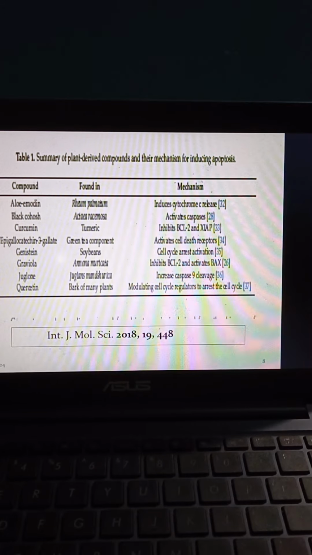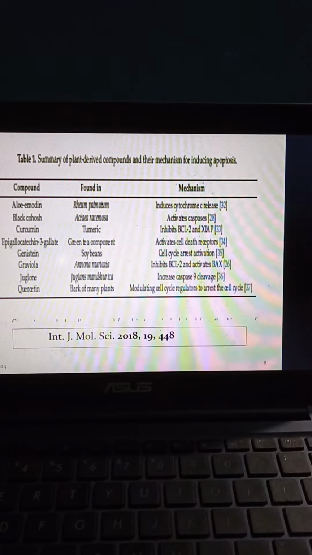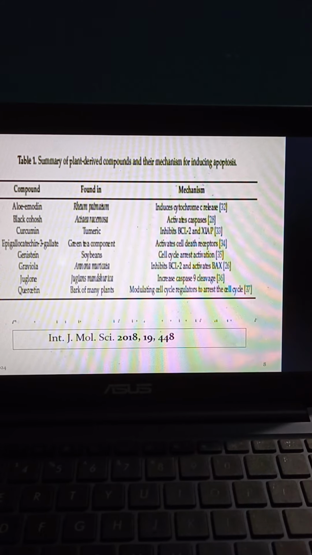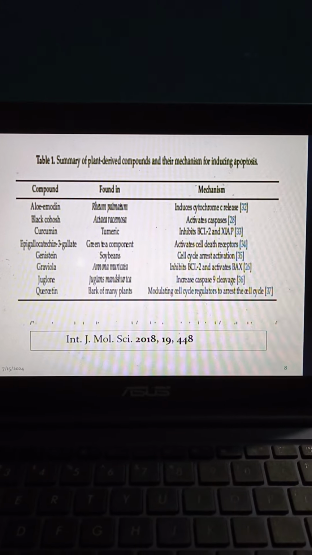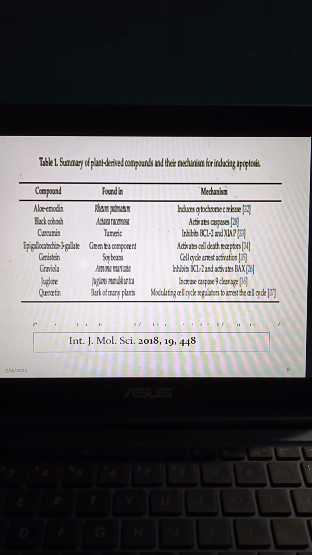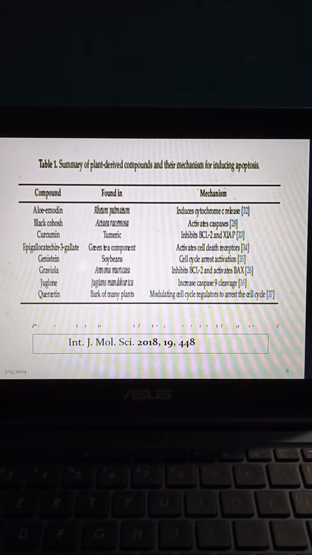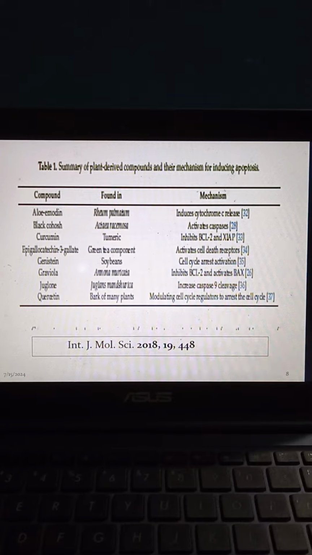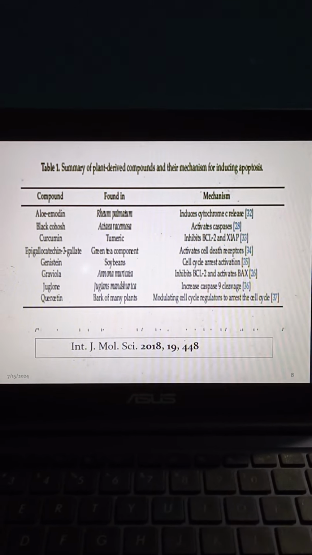Graviola, among other plants, inhibits BCL2 and activates BAX. Quercetin, found in the bark of many plants, modulates cell cycle regulators to arrest the cell cycle. You can see lots of articles about these plant products.